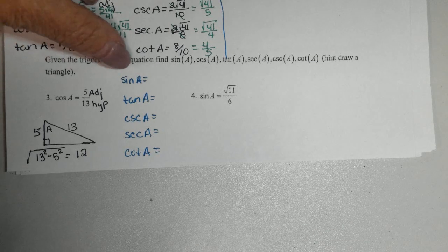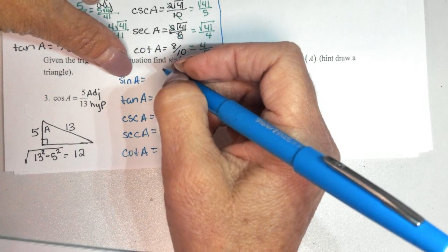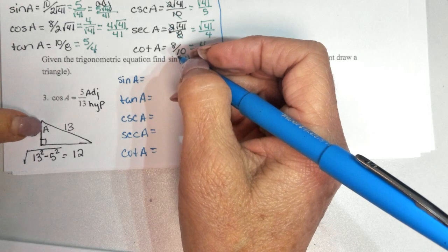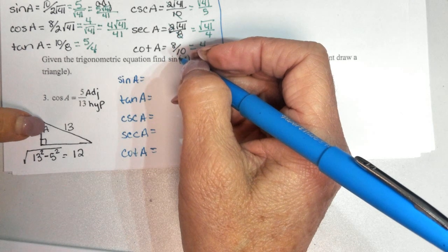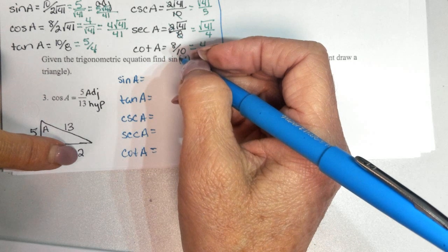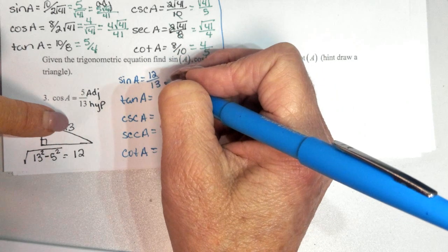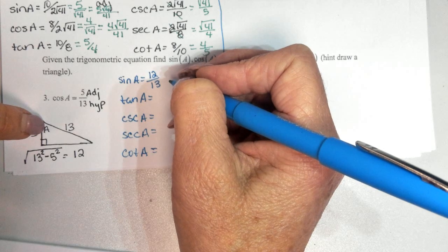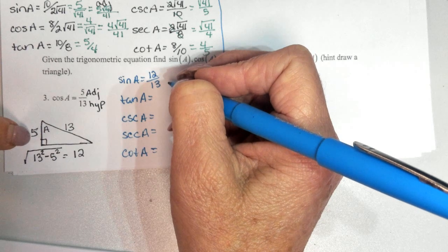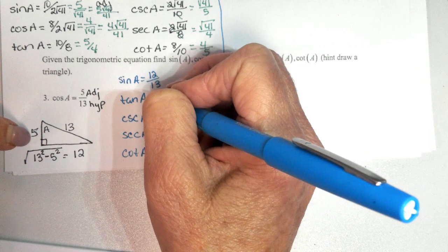And we're going to say my sine ratio, if I start at this angle, this is my reference angle, I have to go opposite to hypotenuse, 12 to 13. My tangent ratio, opposite to adjacent, that's 12 to 5.